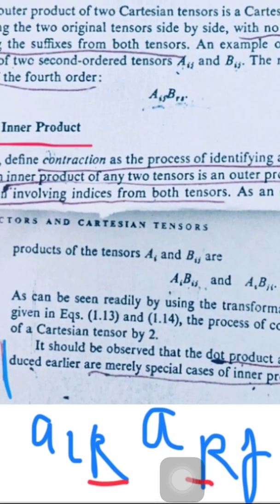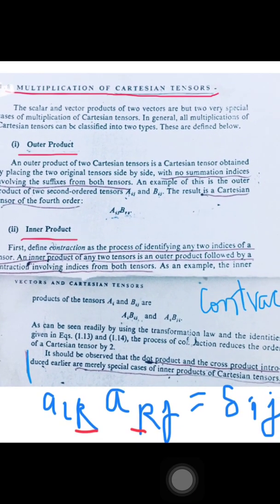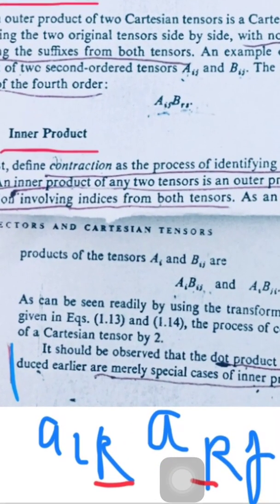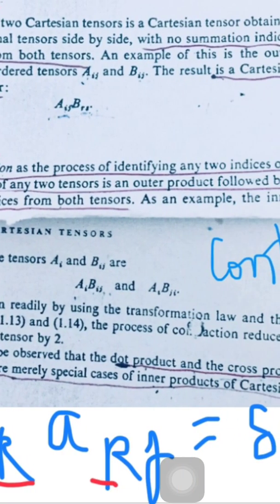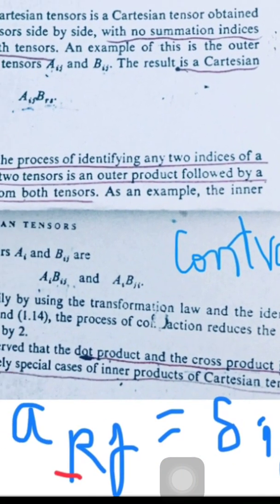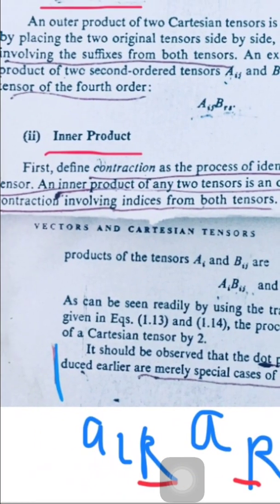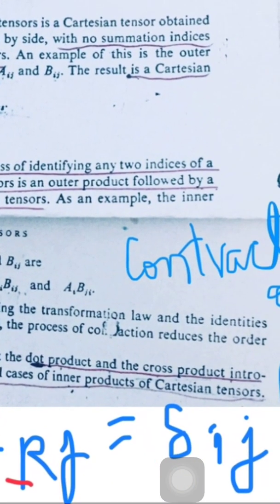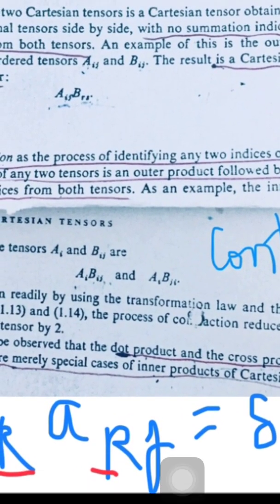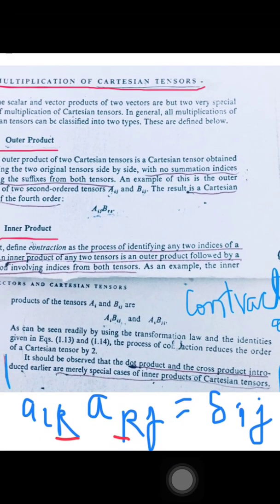It should be observed that the dot product and cross product introduced earlier are special cases of the inner product of Cartesian tensors. How is it? You had taken in our earlier lecture, Aik Akj is nothing but the Kronecker delta ij. As an outer product it is a fourth order tensor, but after contraction it becomes a second order tensor.